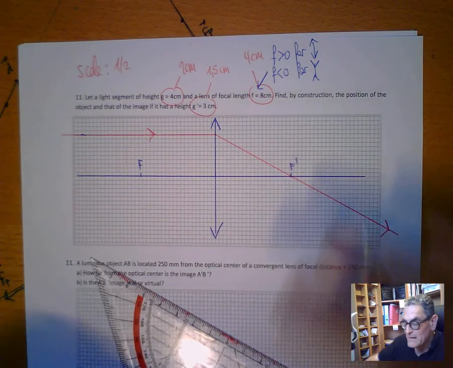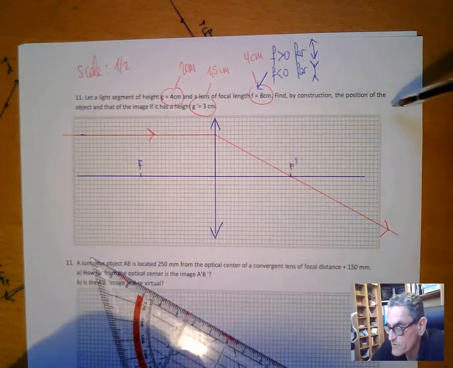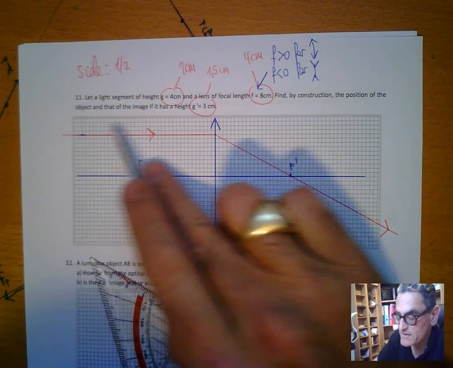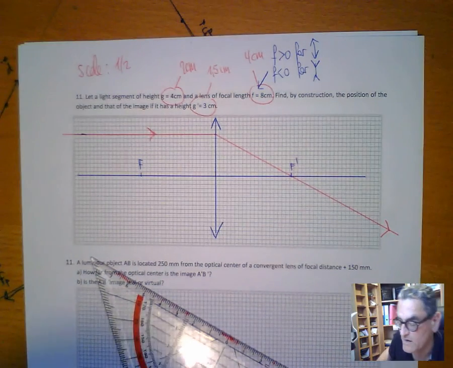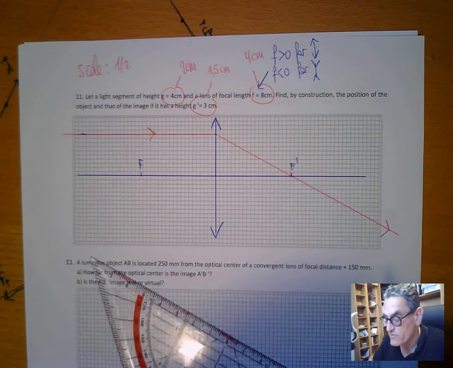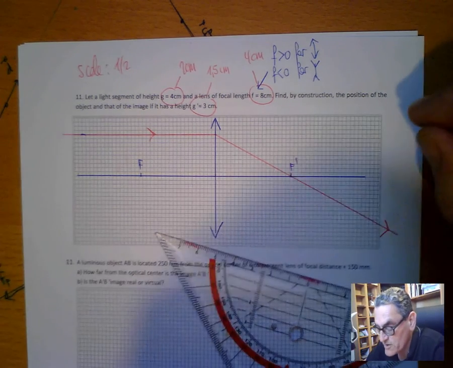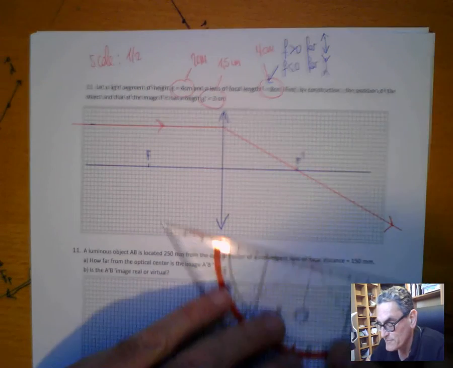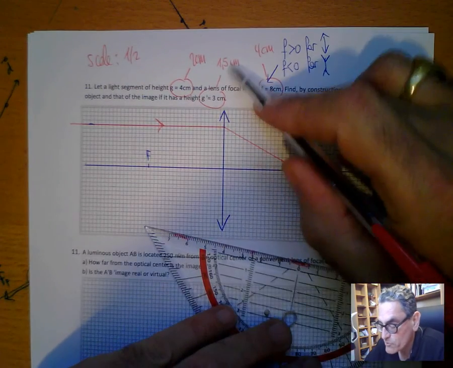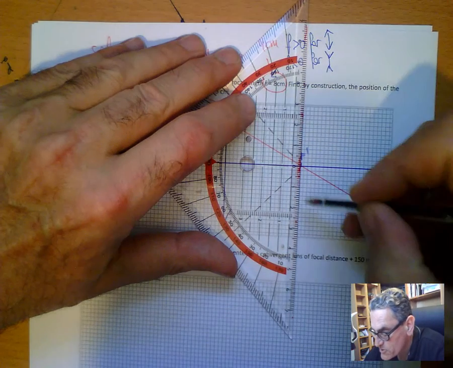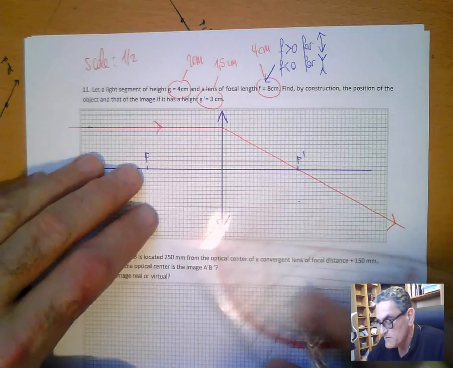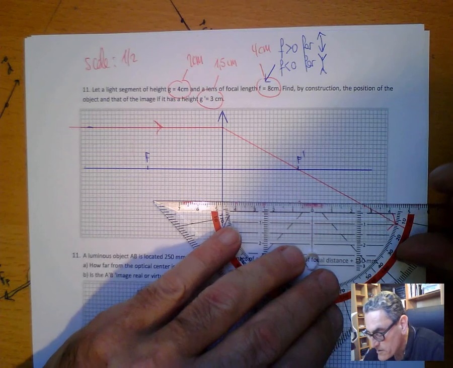Thank you. Okay, and then the other information you have is that the image has a height of 3 centimeters. Aha, the image has a height of 3 centimeters. What does that mean? Well, we took a scale, it's 1.5. It means the image has to arrive here.